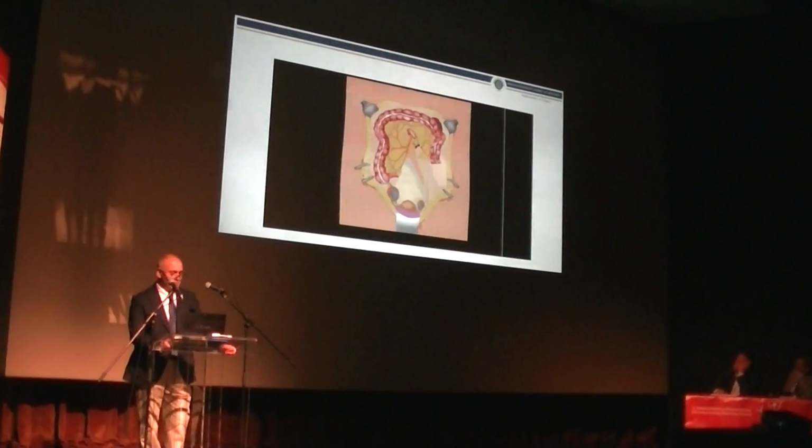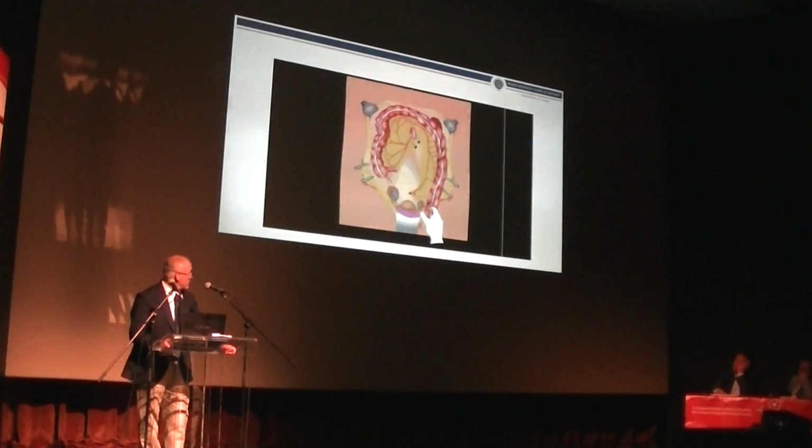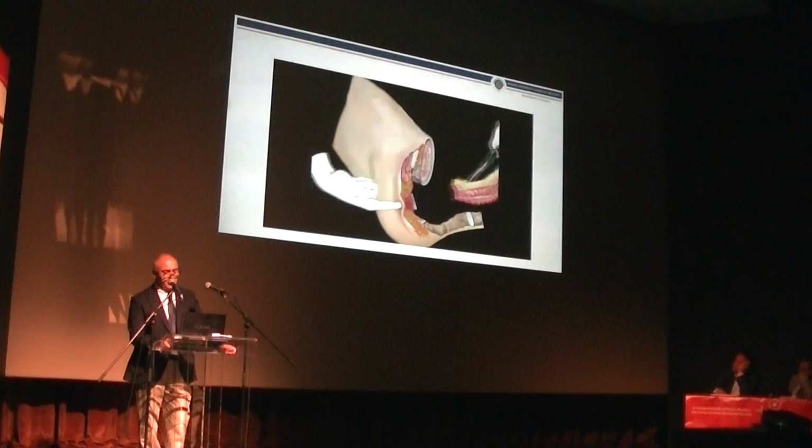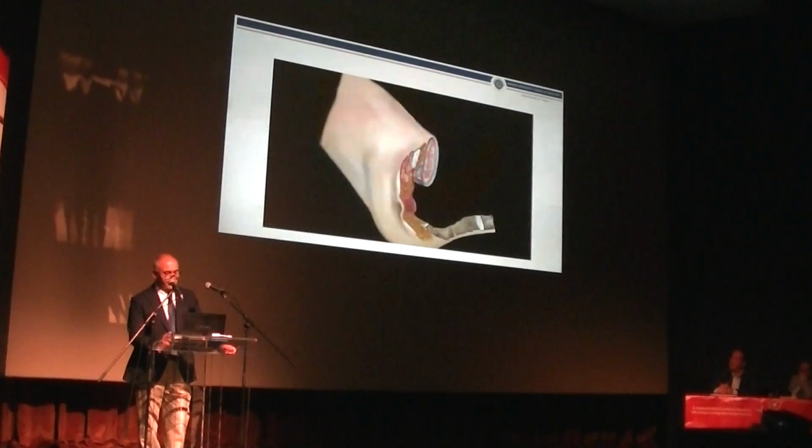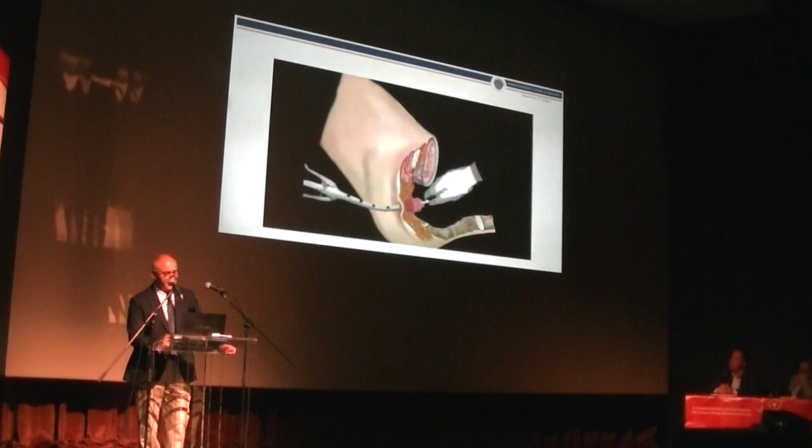So when we remove the specimen, we want to mobilize the descending colon, and we have to make sure that there's no tension at the anastomosis. So we check the anastomosis, then we do a stapler anastomosis, and then we do an air leak test.